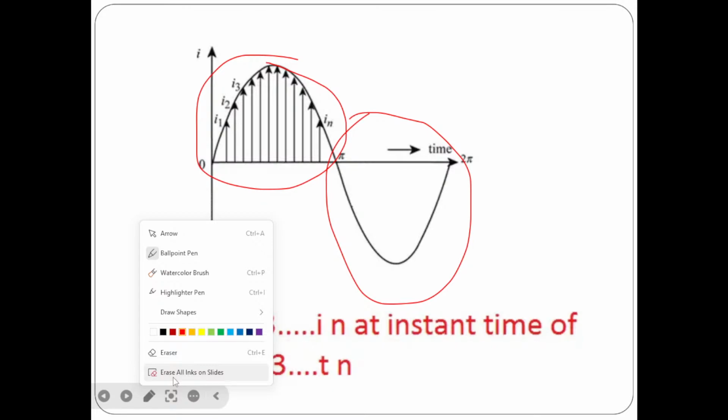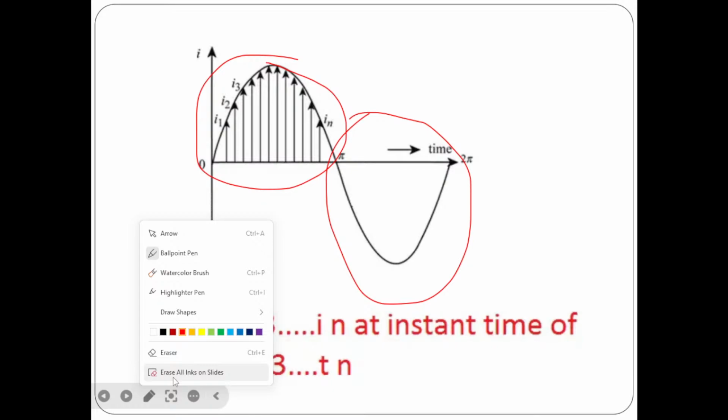Instantaneous voltage is denoted by small v, and instantaneous current is denoted by small i.